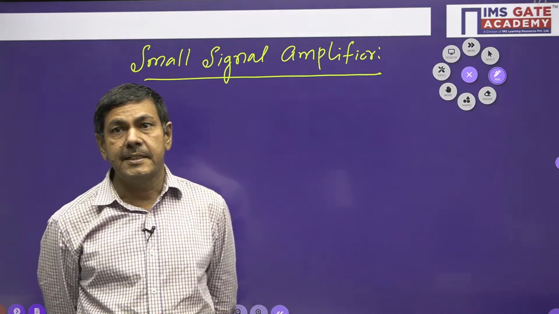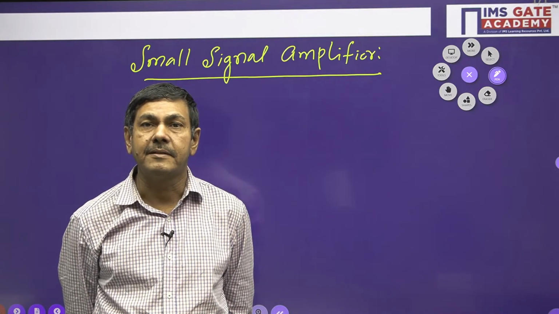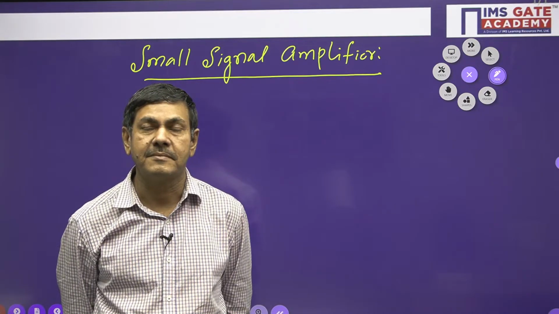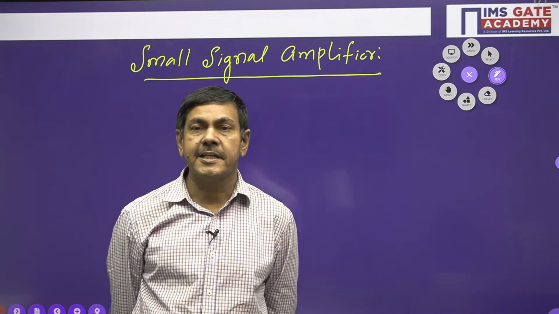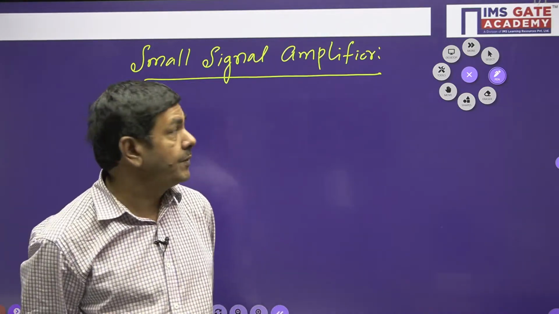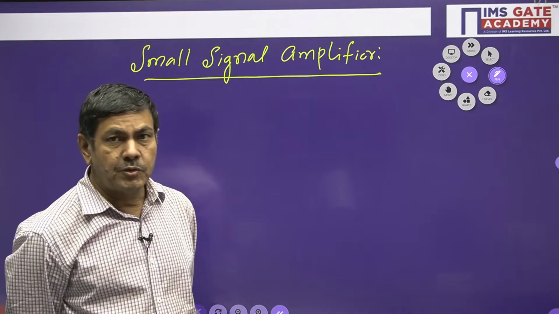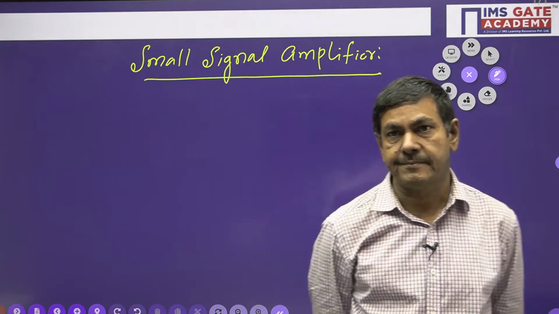But in this particular topic, the amplifier will be given a small signal as an input. That voltage will be very, very small. For the sake of increasing the gain, we are going to use the small signal amplifiers. But to do the analysis in the small signal amplifier, different techniques are applied.